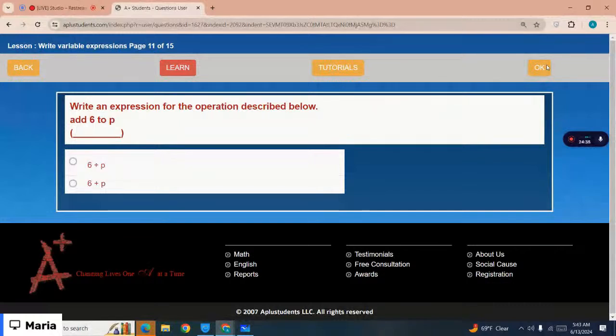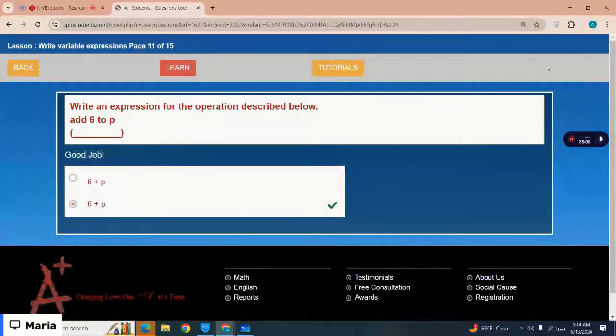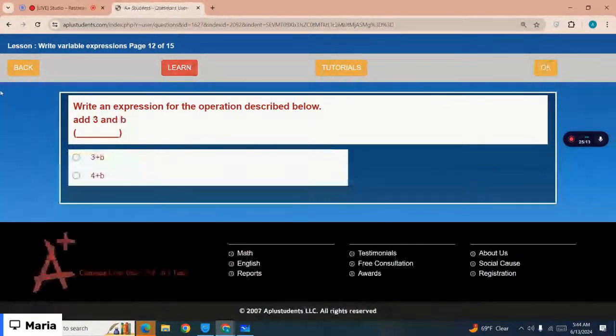Add 6 to p, which is the correct option? The correct option is 6 plus p. Option number 2 is the correct option. Okay, you can complete the lesson by yourself later today.